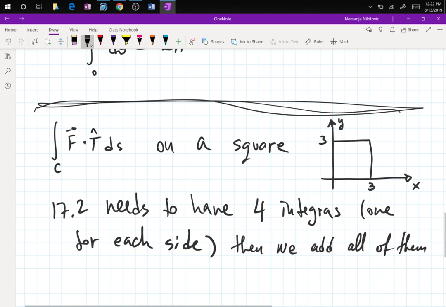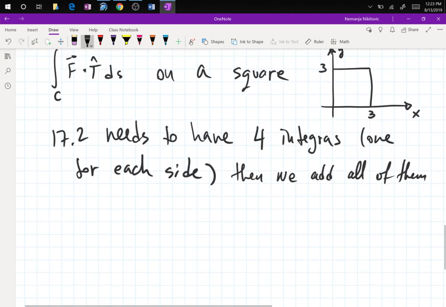So what you have there are 4 sides, and each one of those lines is going to have its own parametrization, because the parametric curves for all 4 lines on this square are different, which means that each one has to have its own integral, which is why 17.2 has 4 integrals, because it's a square. It would have 4 integrals if it's a rectangle, 3 integrals if it's a triangle, and a single integral if it's a circle, because it's one continuous line looping around. So the circle has one integral there in 17.2.